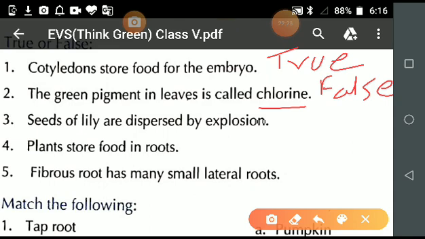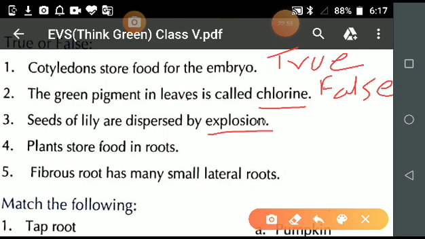When I explained how the seeds are dispersed by water, at that time I explained that the seeds of a lily are dispersed by water. They are dispersed by water. And here it is given explosion.